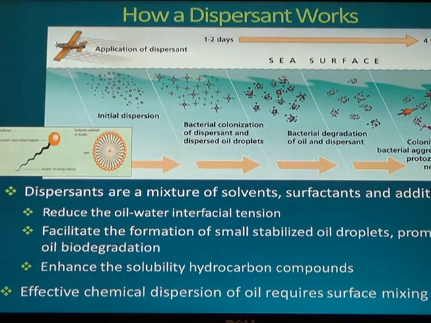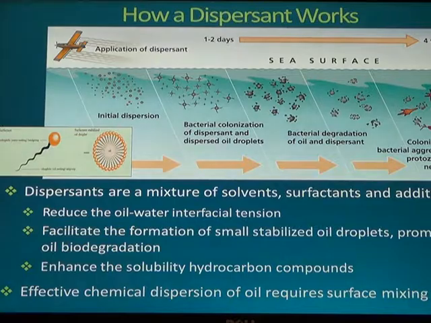So how do dispersants work? Basically, dispersants are a mixture of solvents, surfactants, and additives. They're designed to mix with the oil at the water surface, and then break that oil into smaller droplets and reduce the interfacial tension between the oil droplets to keep them apart.